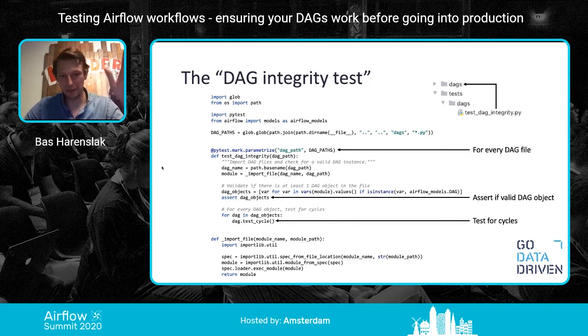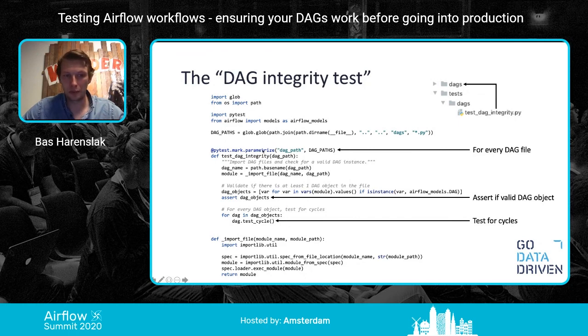It might look like a bit of magic code, especially at the end in this import file part. But the key point here is that we have this DAG paths, which globs or selects all Python files in this DAG directory. So we assume that every Python file in here holds a DAG.